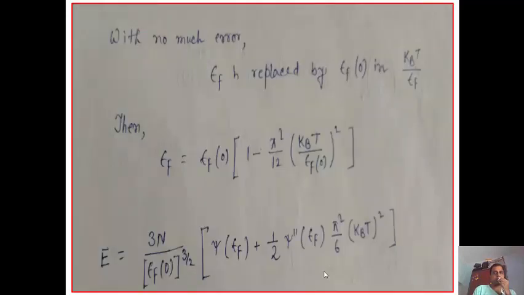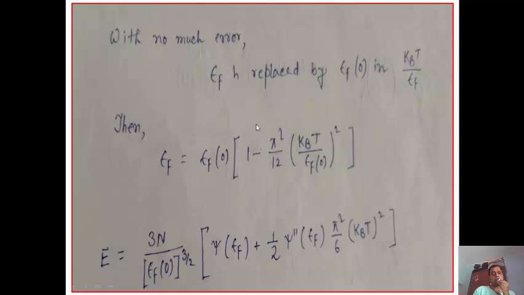With not much error, epsilon f is replaced by epsilon f0 in kBT by epsilon f. If we replace epsilon f by epsilon f0, then there will be no much error. So we can write epsilon f equals epsilon f0 (1 minus pi square by 12 (kBT by epsilon f0) whole square).